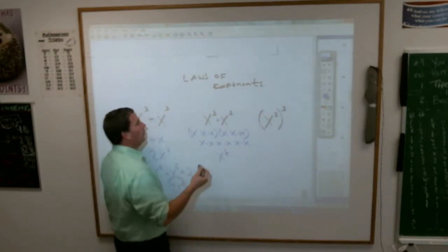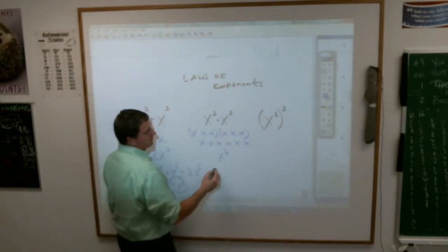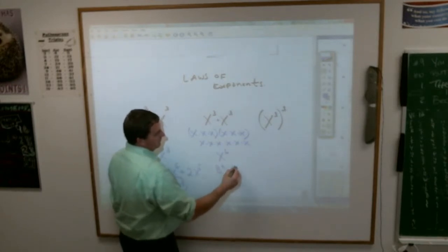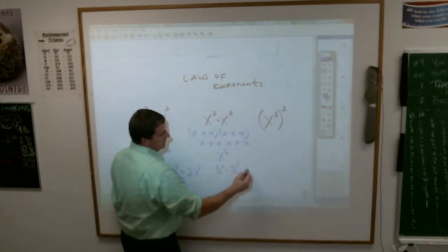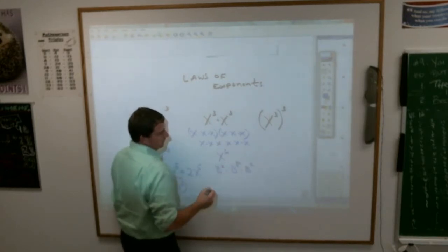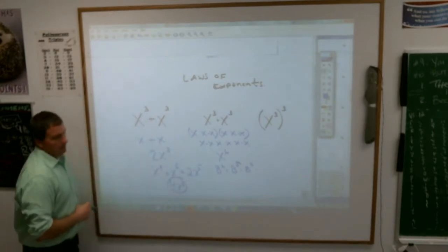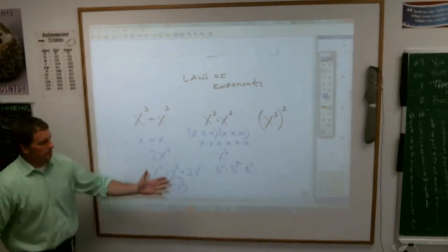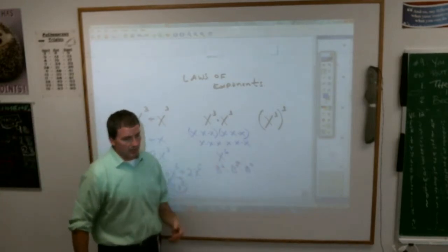Or if I have this, let's do b squared times b to the 5th times b to the 4th. How many b's are you multiplying all together there? You're multiplying 2 together there, 5 together there, 4 together there.